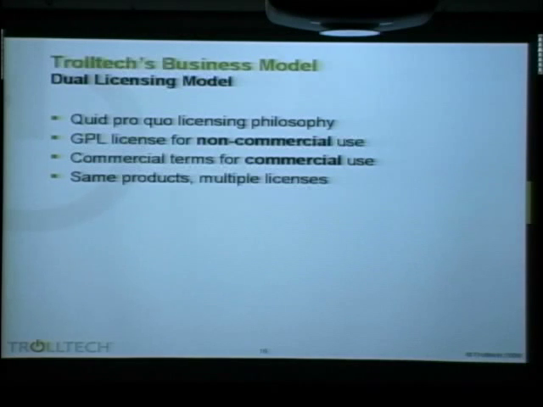The only thing we ask in return is that you share whatever you produce with the community. So whatever you create with the GPL license, it becomes GPL. And then there's a commercial license that does not have this limitation. And many companies don't want to write and publish GPL code, so they choose to pay us for the commercial license. So it's very, very simple.